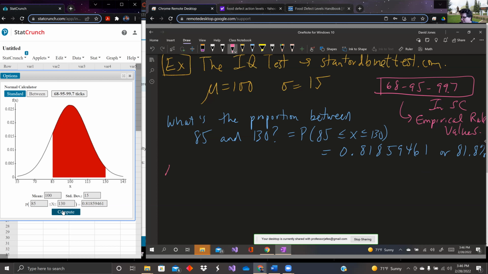So let me write those down, the two options. Because I said there's two ways to interpret that value. A: 81.8% of the population has a score between 85 and 130.